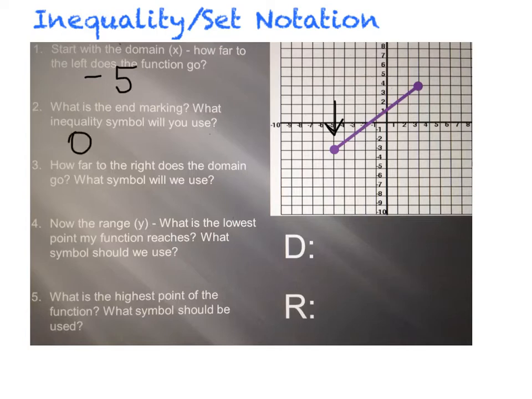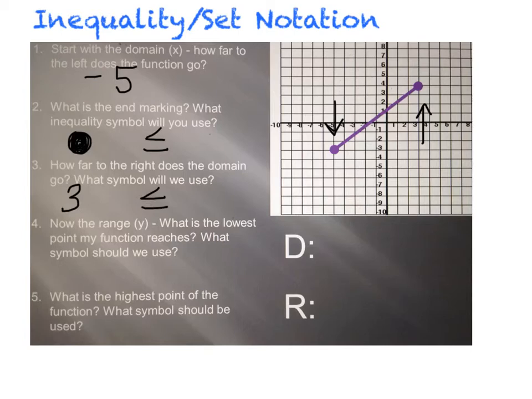I know that this is a closed circle, and because it's a closed circle, the symbol I'm going to use is the less than or equal to sign. Next, I'm going to look at the furthest right x value, which I see is 3. Once again, it is a closed circle, so I'm still going to be using the less than or equal to symbol.